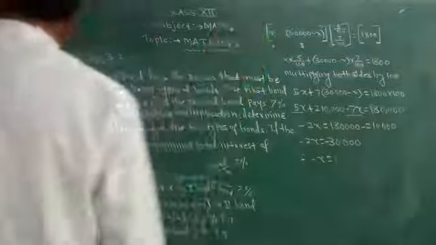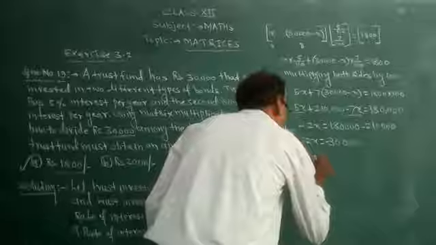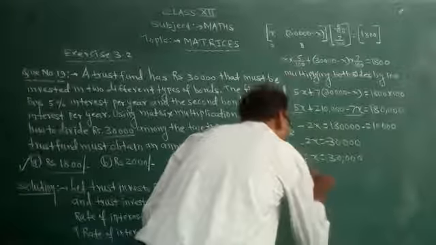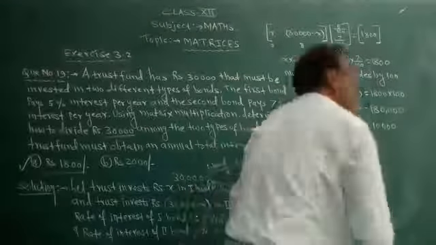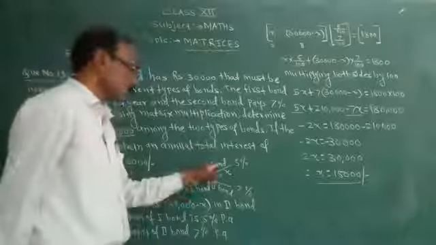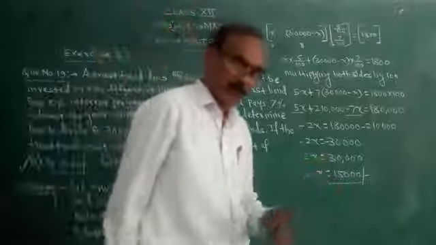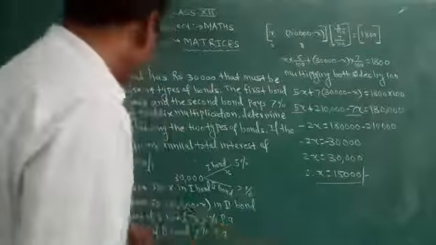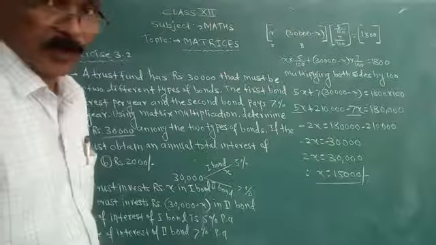Multiply both sides by minus, so you get 2x equal to 30,000. Therefore, x equal to 15,000. So trust has to invest rupees 15,000 in first bond and remaining 30,000 minus 15,000, again 15,000, in the second bond. Then he will get rupees 1,800 as a total annual interest.